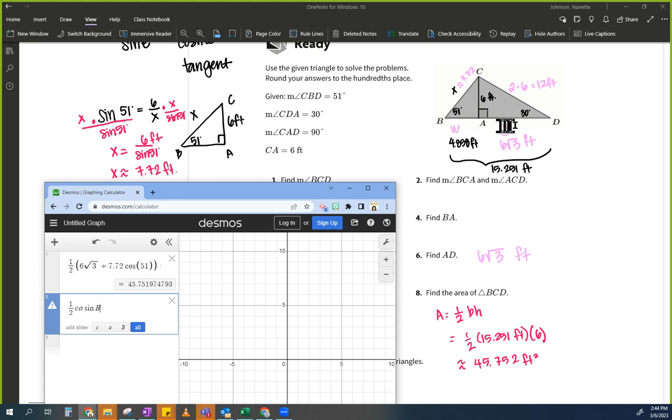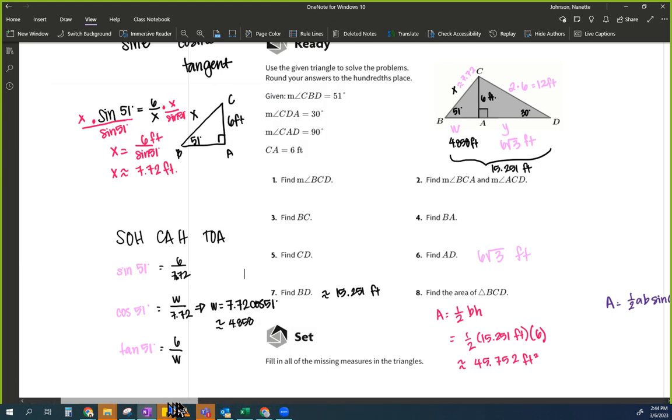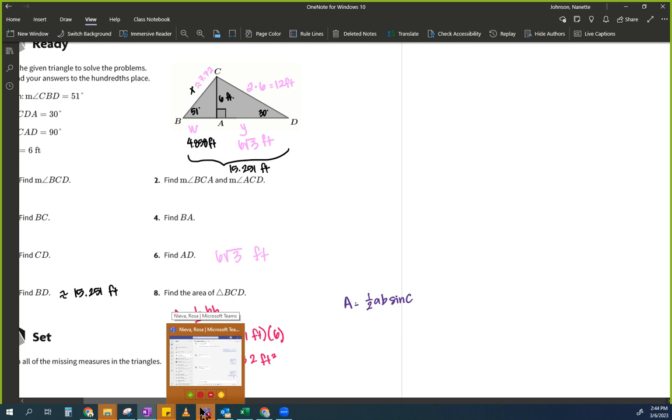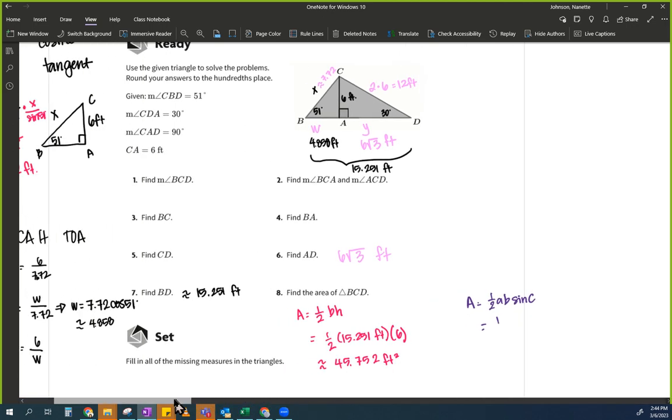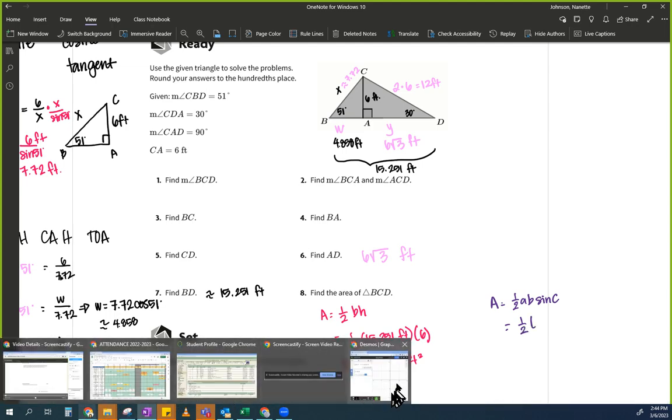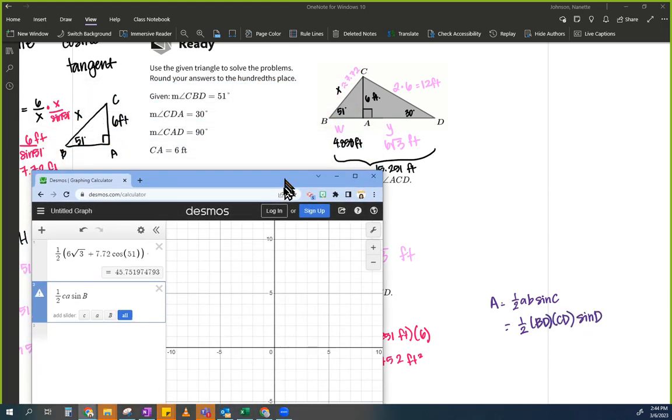So I'm going to go 1/2 times this side times this side, sine of this angle here. In our specific case, I'm going to go with 1/2 of BD.